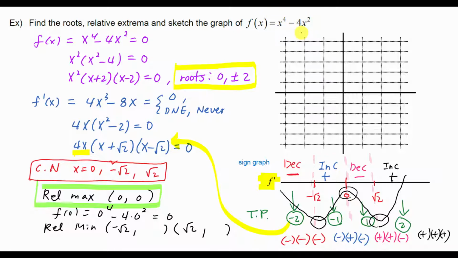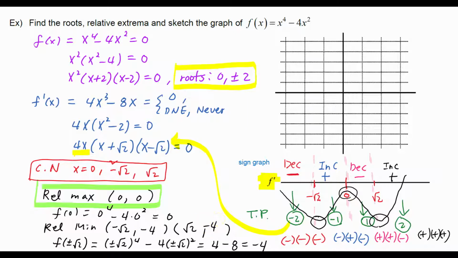So f of plus or minus radical 2 is plus or minus radical 2 to the 4th power minus 4 times plus or minus radical 2 squared, which is equal to 4 minus 4 times 2, which is 8. So I'm gonna get negative 4. So for both, I'm gonna get negative 4.